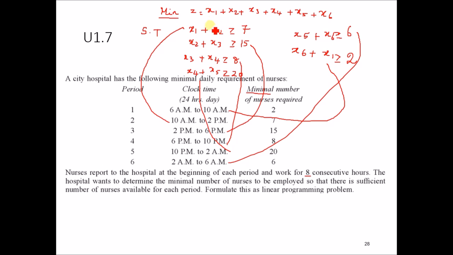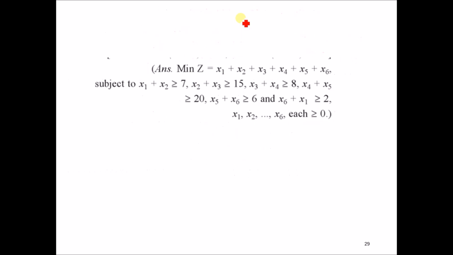The objective function is the summation of all the values: x1 plus x2 plus x3 plus x4 plus x5 plus x6. This will be the final solution, with the non-negativity constraint that x1, x2, x3, x4, x5, x6 are greater than or equal to 0.